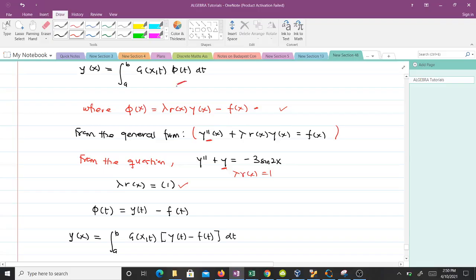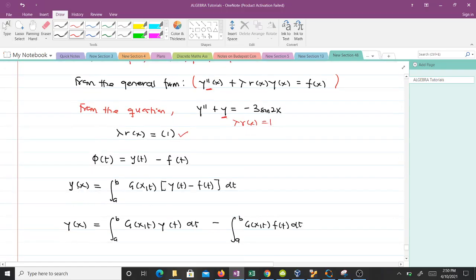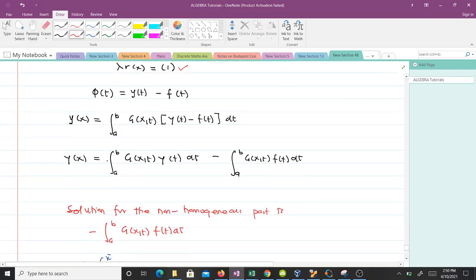So we will make substitution here. So we get y of x to be equal to integral from a to b g of x, t times y of t minus f of t dt. When we expand, then we get y of x to be equal to integral from a to b g of x, t y of t dt minus integral from a to b g of x, t f of t dt.